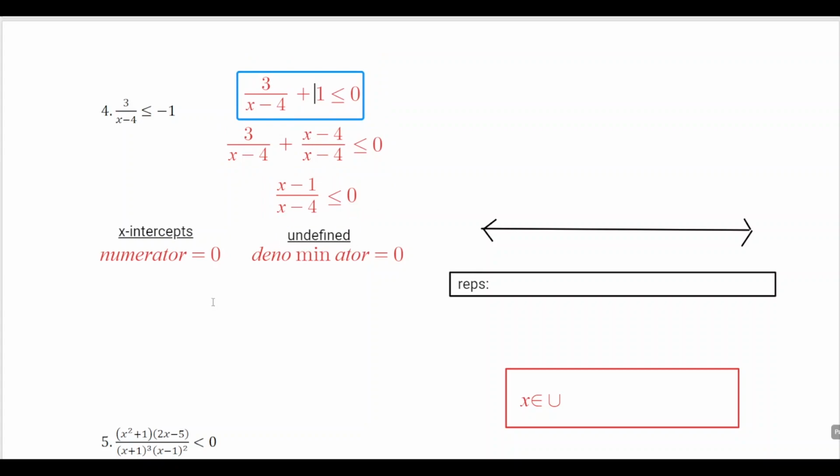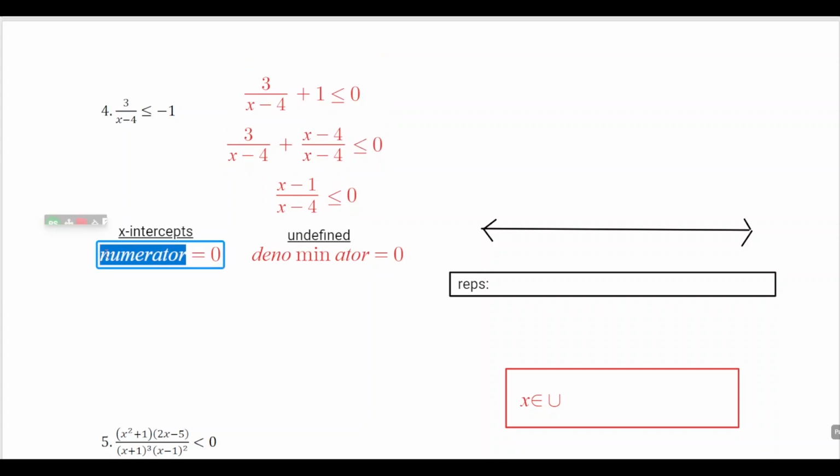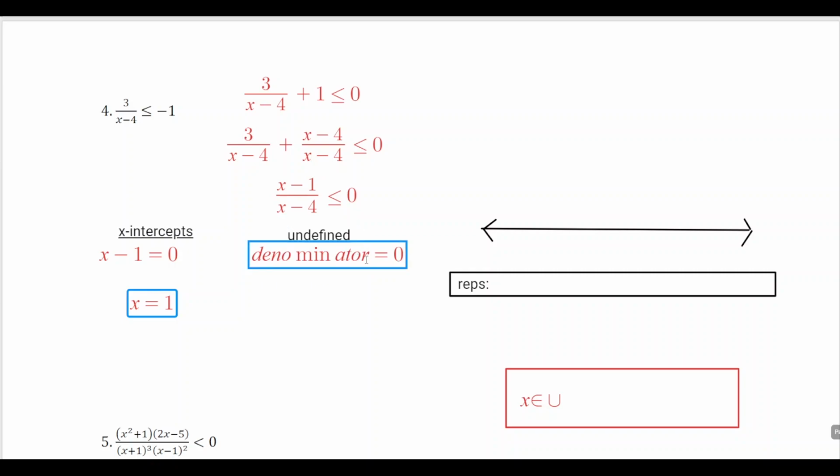All right, so to get the x-intercepts, looks like there's just going to be one of them. I'm going to set x minus 1 equals 0, so x is going to equal positive 1. And the values where the rational expression is undefined are going to be when x minus 4 is 0, when the denominator is 0, and so that's going to be at 4.